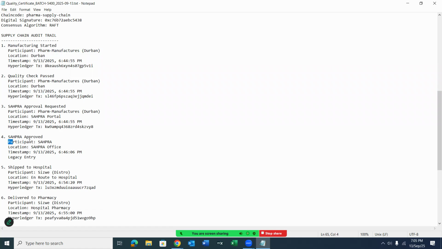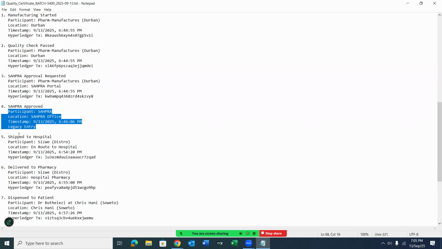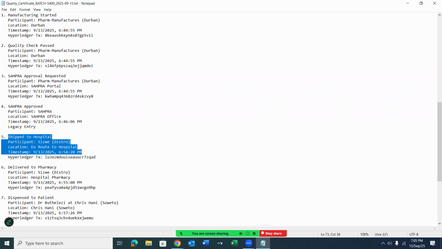Then the information for that, this is SAPRA, the location at the head office, the timestamp, it is there, the date as well as the time. And then now it was shipped to hospital by Sizwe using this company called Distro. And then all this information again, it is compiled by the blockchain system, and then it compiles the hash based on the previous hash again.